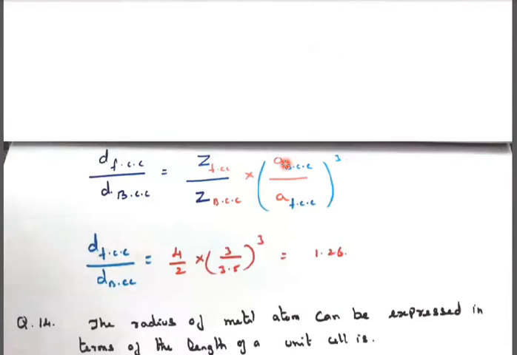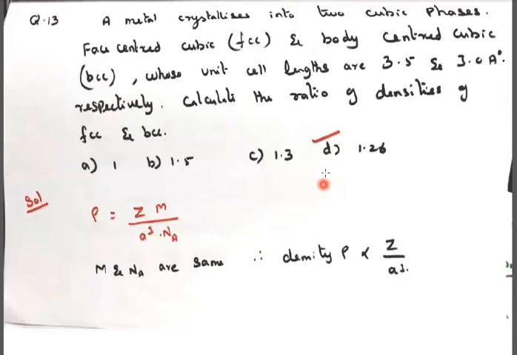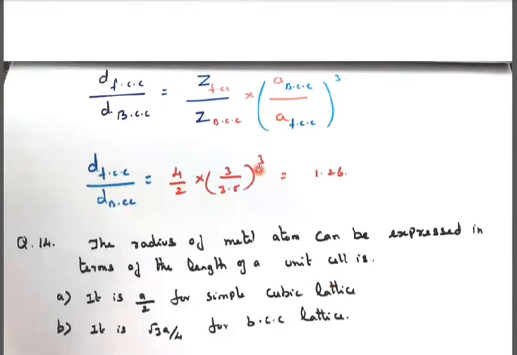So we write the reciprocal: a of BCC divided by a of FCC, the whole cube. Substituting, for FCC Z is equal to 4 and for BCC Z is equal to 2. So 4 by 2 into, for a of BCC and FCC, already given, FCC 3.5, BCC 3. So 3 by 3.5, the whole cube. Substituting all values, we are getting 1.26.